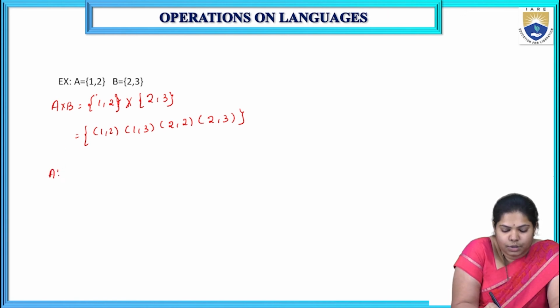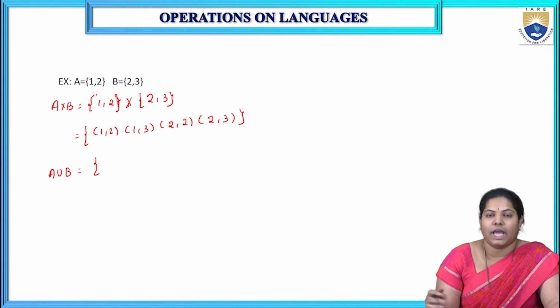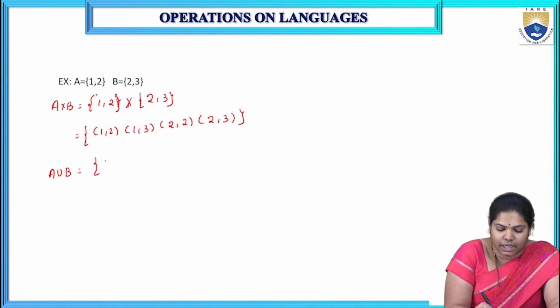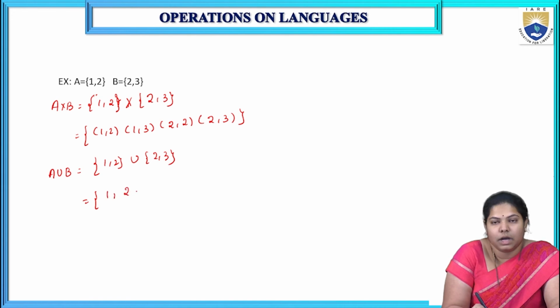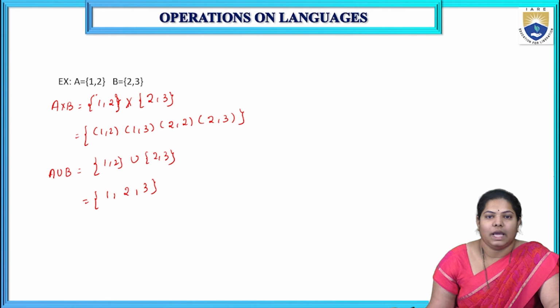A union B: we take all the elements present in those two languages, 1 comma 2 union 2 comma 3. From these I get the resultant 1 comma 2 comma 3, all the possible symbols present in these two languages.